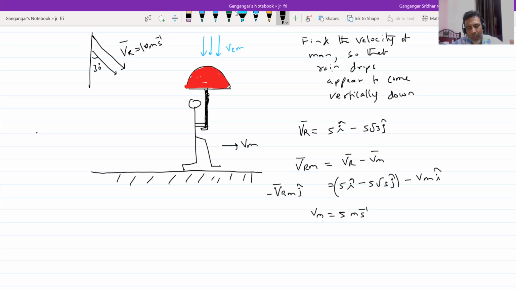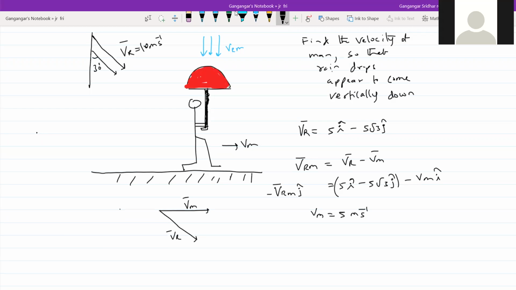So the orientation of the umbrella depends on what? VR bar and VM bar. By varying the velocity of man, the orientation of the umbrella will change. Are you able to understand these small basic things? How is the vector diagram? What about the vector diagram here? So this is VR bar. This is VM bar.